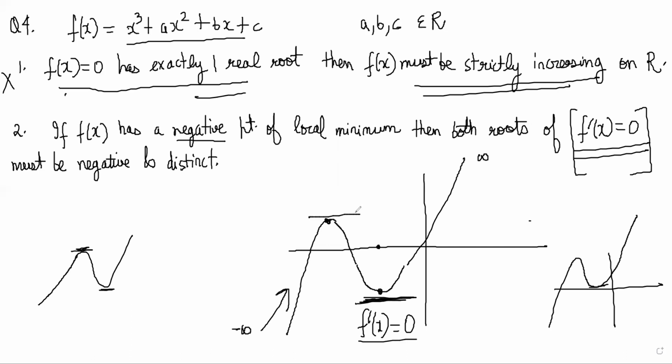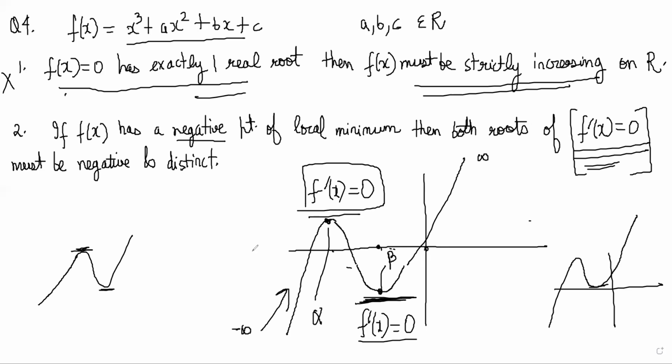Minima maxima happens when f dash x is 0. So this is one root and this is the second root for f dash x equal to 0. Can you see that now both the points where the roots happen for f dash x equal to 0 are negative?